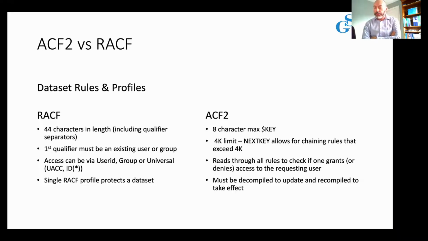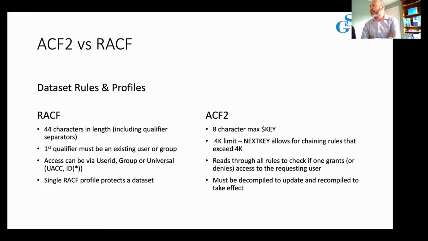Access can be via a user ID or a group, or a universal access such as UACC or the ID star. If you're in a fully sort of secure environment, I would hope you haven't got UACC or ID star on many, if any, data sets. A single RACF profile protects a data set. I'll enhance on that in one moment.